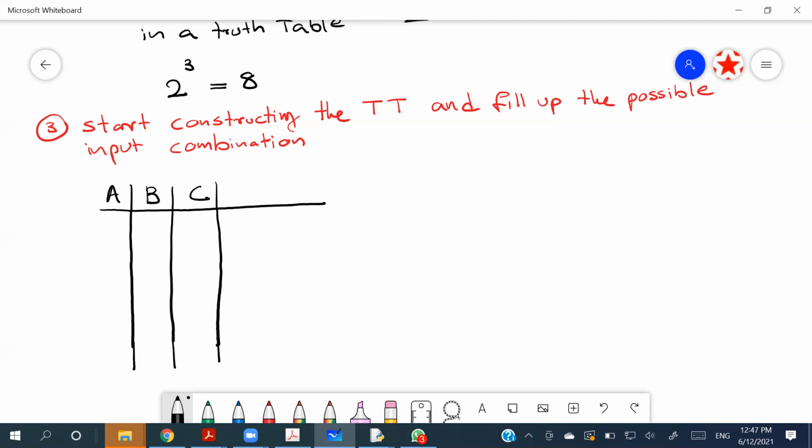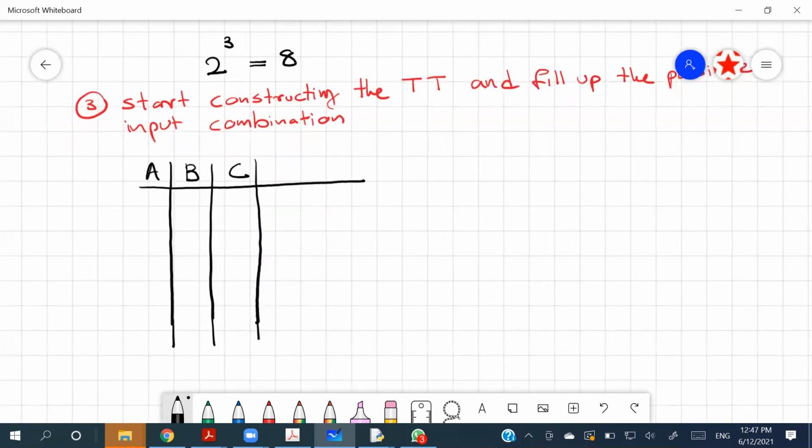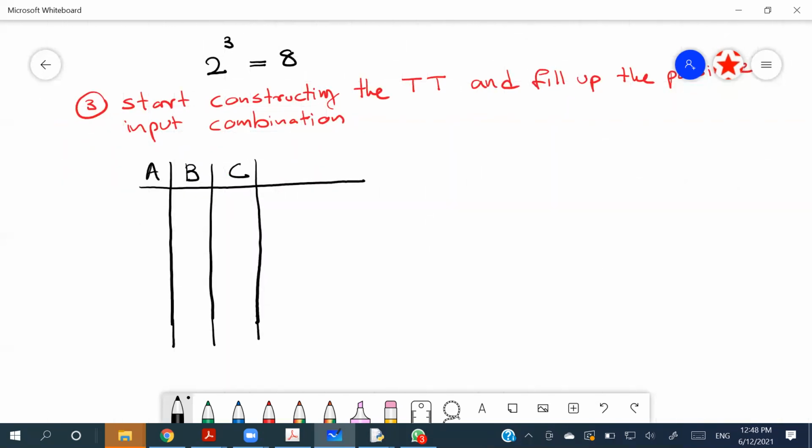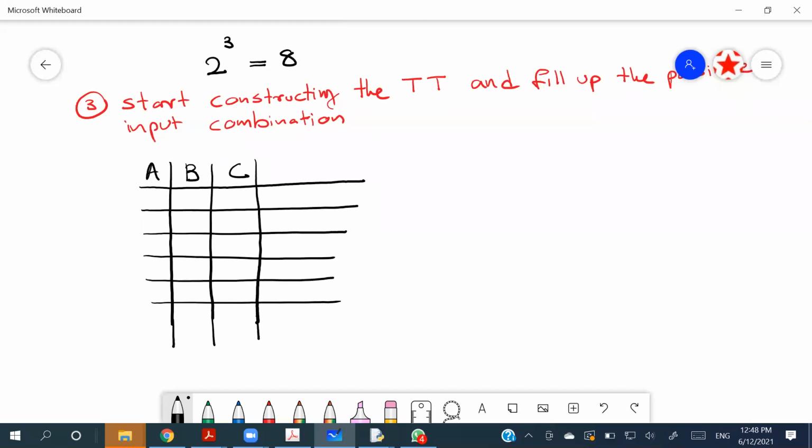So first I'll show you what the shortcut is, right? So we determined there are 8 rows, right? So I'm drawing those 8. Right.